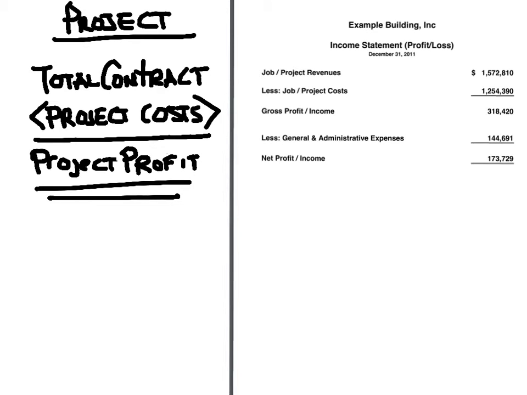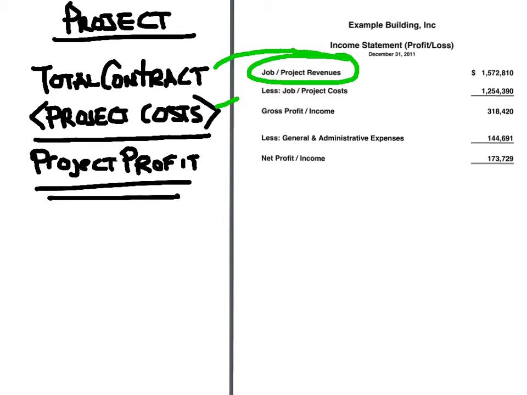So in review, if we look at how an income statement compares to project cost, the total contract amount for a project represents the total amount of dollars that we hope to take in as a company as revenue for that project. So in any given fiscal period or fiscal year, the total amount of money taken in against a project becomes that project's revenue, and it directly relates to job revenues on the income statement.